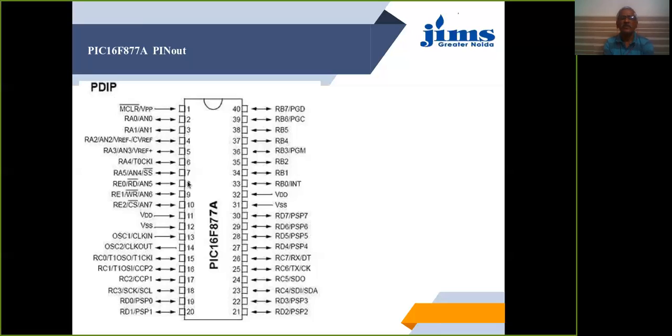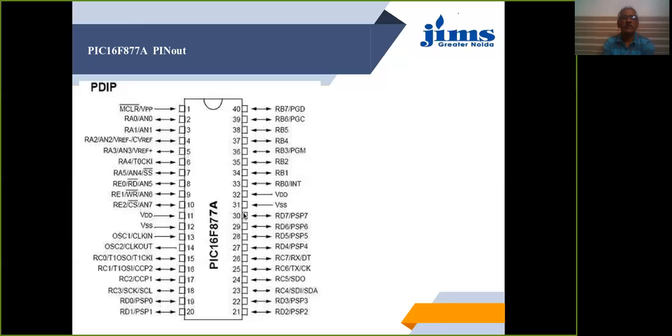Whenever this controller is required to be reset, we can push this pin to ground. Maybe we can have a switch so that when the switch is pressed, pin 1 is grounded and the 16F877 goes into the reset mode.